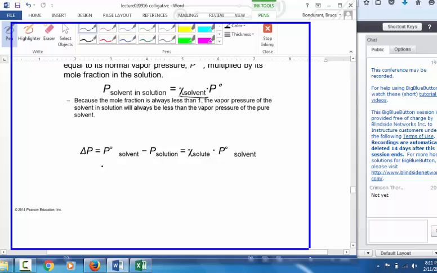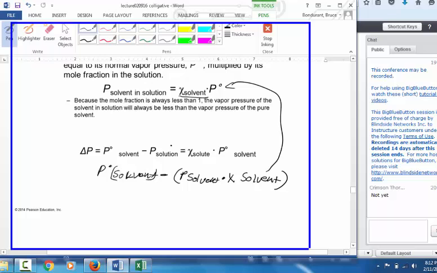P solvent minus P solvent times X solvent, because of course that's the definition of the P solution.